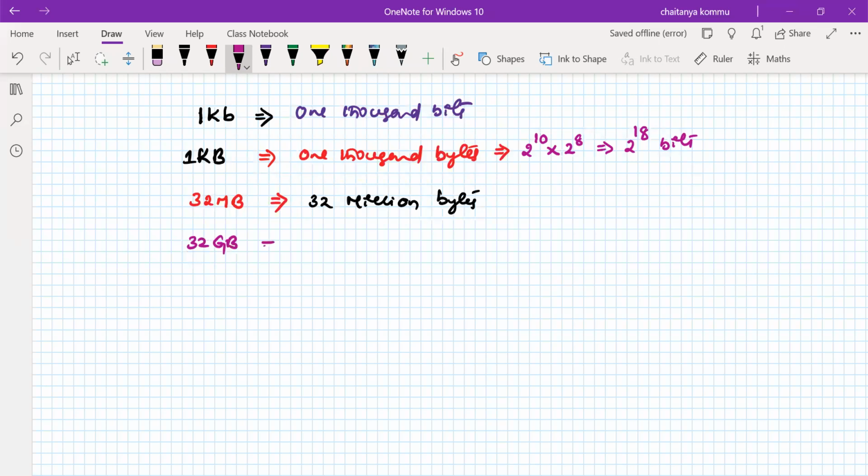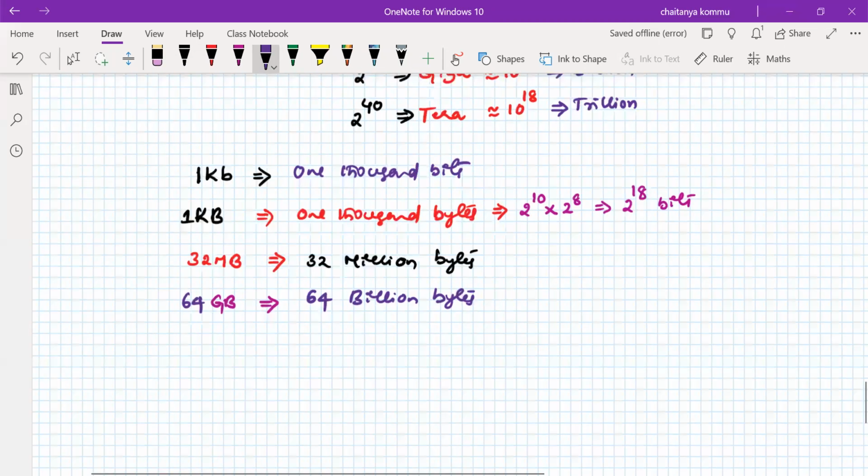What does it mean? Nowadays people are using 64 GB pen drives. You can see the 64 gigabytes. Okay, 64 billion bytes. So that's what we can write.